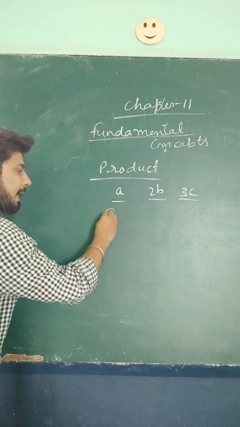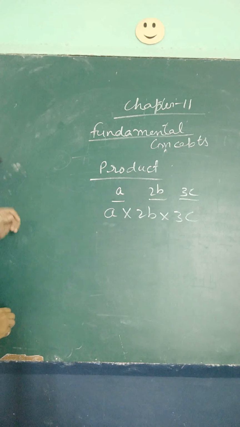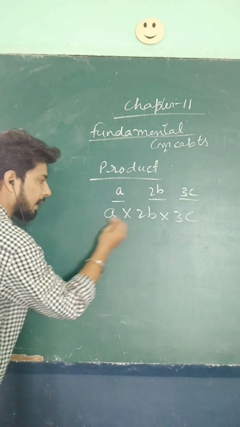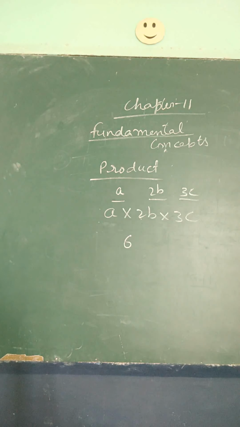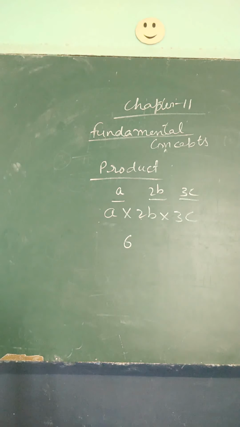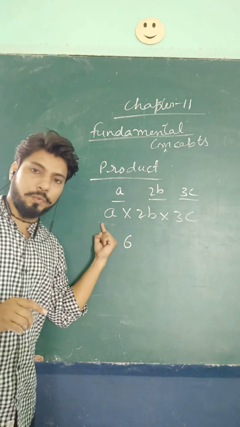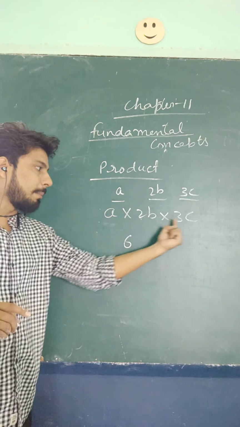When you have to multiply them, it is a into 2b into 3c. Here in the multiplication, the constant will be multiplied with the constant. Here the constant is 1, then 2, then 3. So 1 into 2 is 2, 2 into 3 is 6. All three constants will be multiplied.